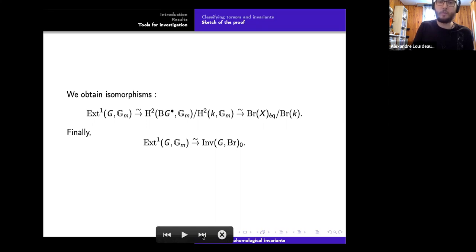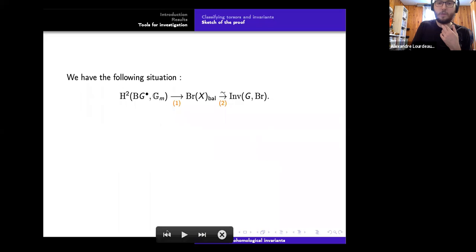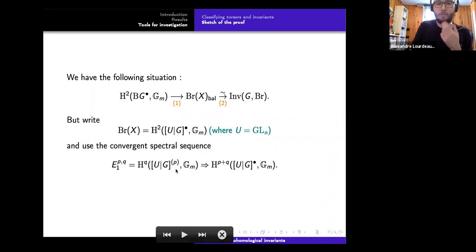By composing, we have a morphism from X1 to the normalized group of Brauer invariants. We also need to check that this is natural in G, but this comes from the naturality of the composite here, and also of the spectral sequence.